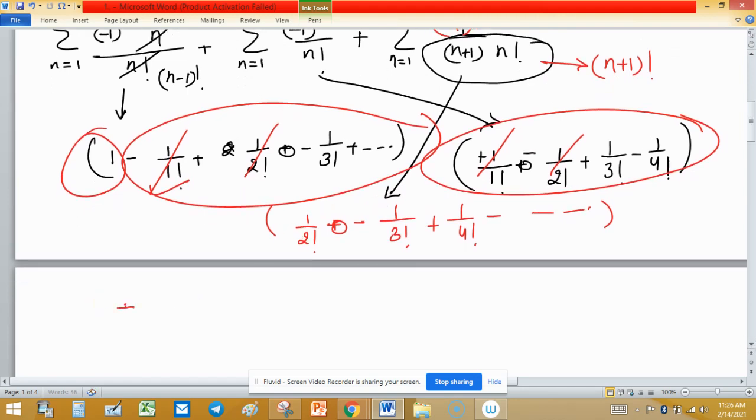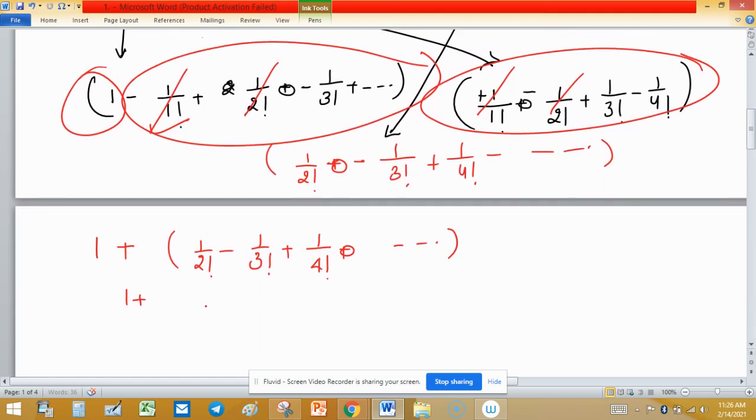So 1 plus 1 upon 2 factorial minus 1 upon 3 factorial plus 1 upon 4 factorial and so on. This is 1, and what is this?